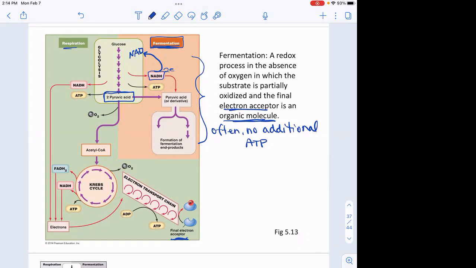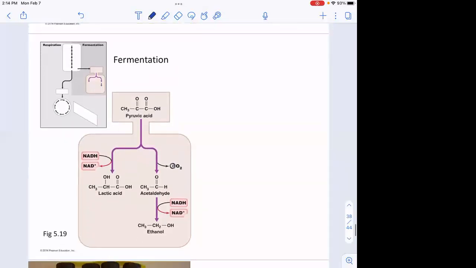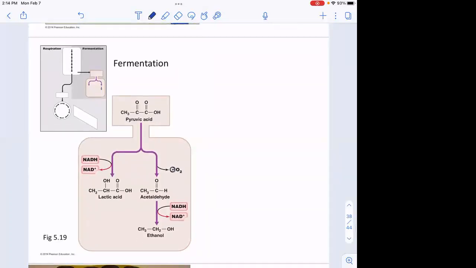Okay, so your book doesn't really talk about fermentation all that much. Here's the one figure. They talk about a couple of different fermentative pathways. There are a lot of different fermentative pathways out there. You take a good microbial physiology class and we'll go through a bunch of them.